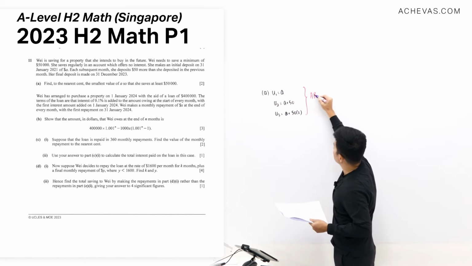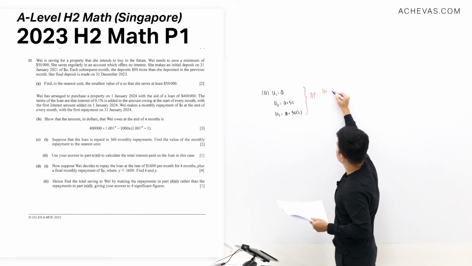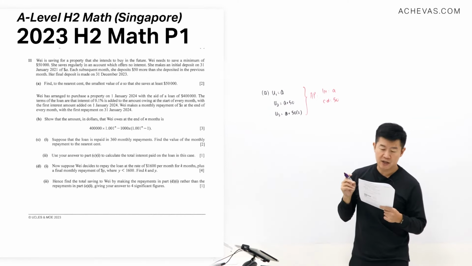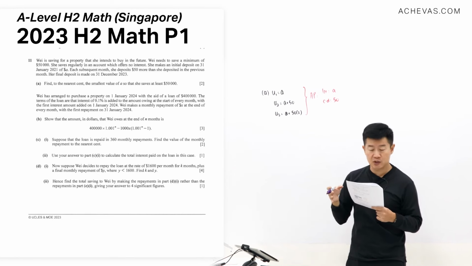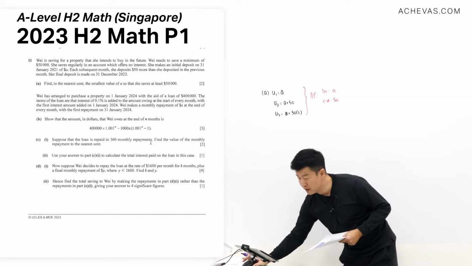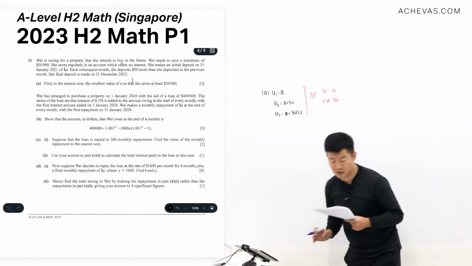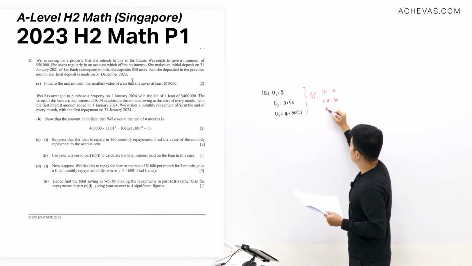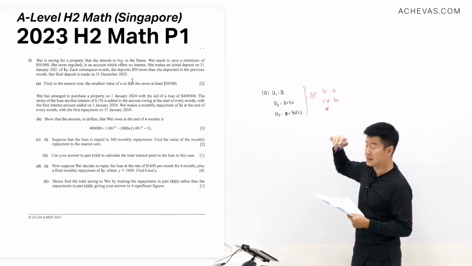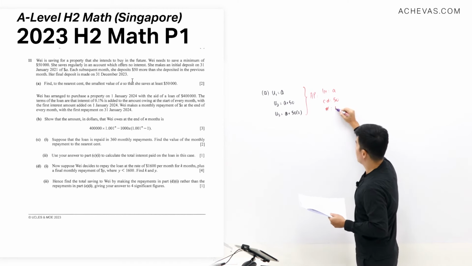We are seeing an AP where the first term is A, and the common difference is 50. We are talking about her trying to save from the 31st of January 2021 all the way until 31st of December 2023. This is 3 years. So the number of terms will be the number of months, so it's going to be 12 months times 3 years.